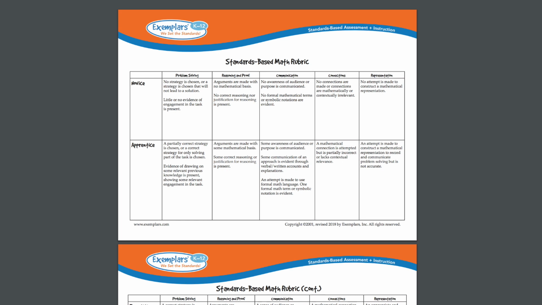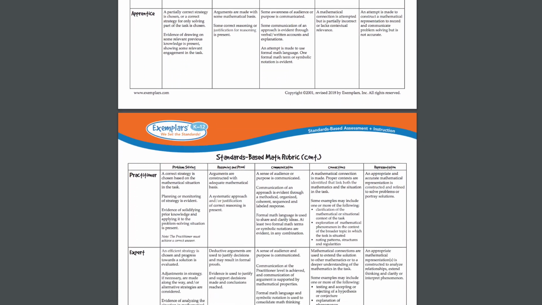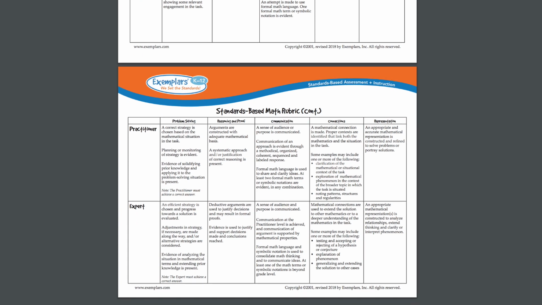Exemplars rubric criteria reflect the NCTM process standards and support the TEKS mathematical process standards. Teachers use our assessment rubric to assess student work. There are 4 levels of performance: novice, apprentice, practitioner, which meets the standard, and expert.